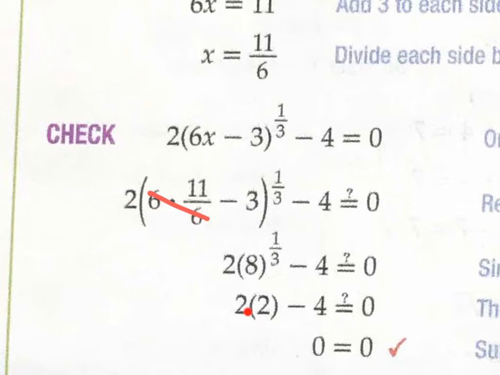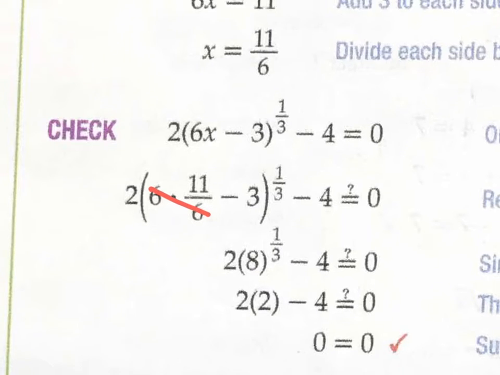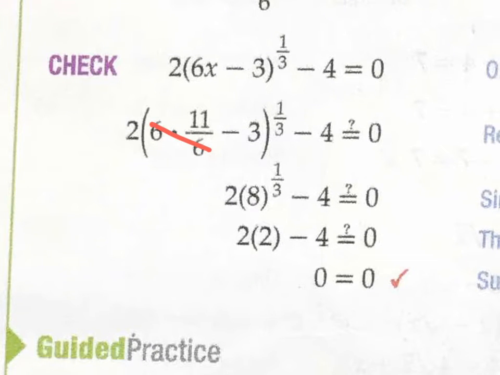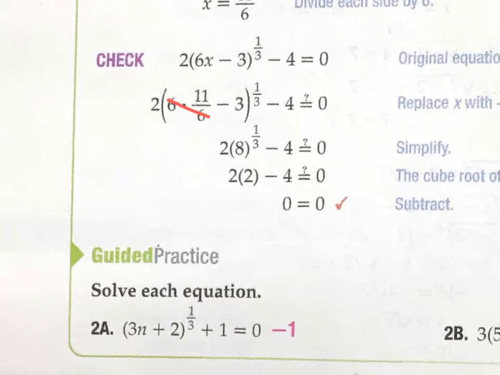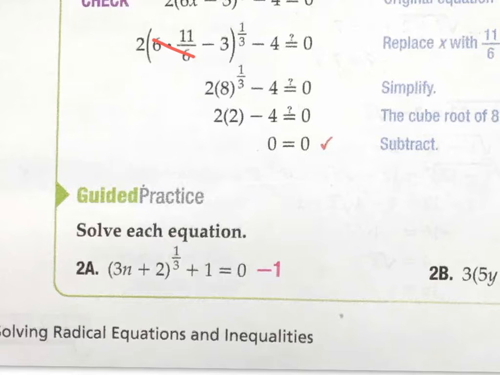So that's 2 times 2, and then minus 4, 4 take away 4. They put question marks here to see if they actually do end up equaling 0. Because if they do, that's the double check, right? And of course they do end up being 0, so you're absolutely positive that the correct answer is 11/6. If it wouldn't have worked out, then that would have been an extraneous solution.